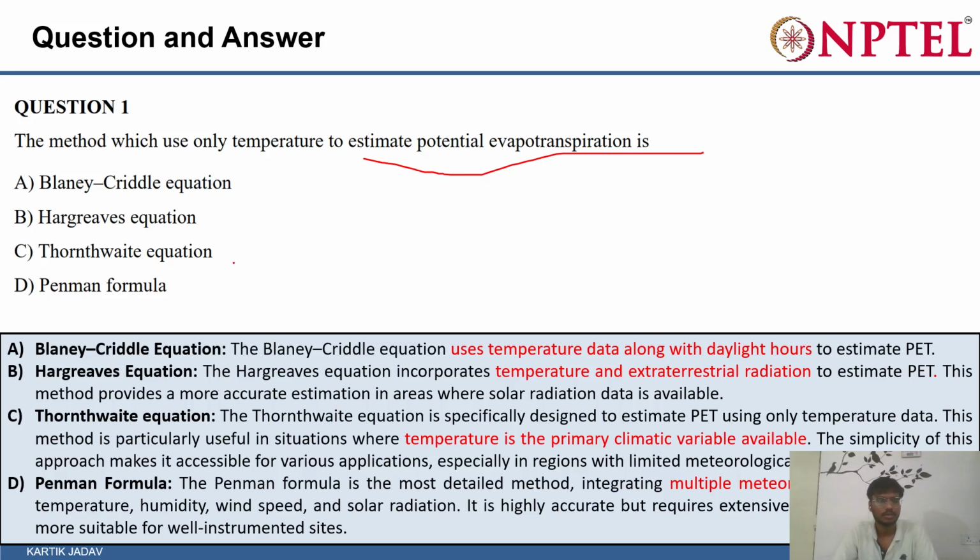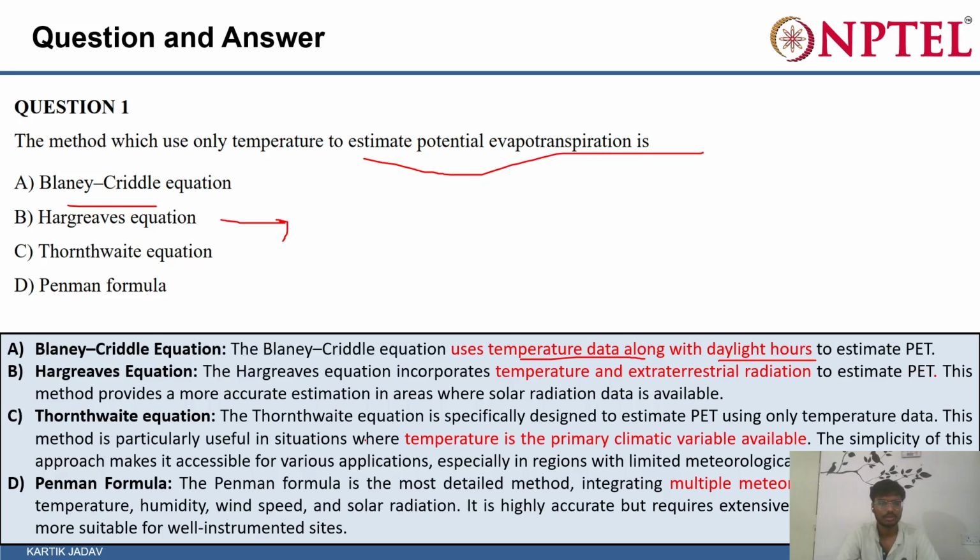The first one, the Blaney-Criddle formula, uses temperature as well as daylight hours to estimate potential evapotranspiration, while the Hargreaves equation uses only temperature. Thornthwaite requires temperature as a primary climatic variable.